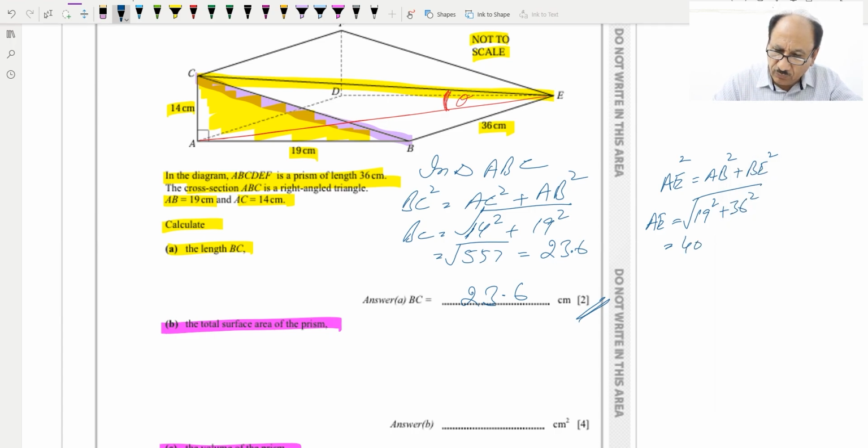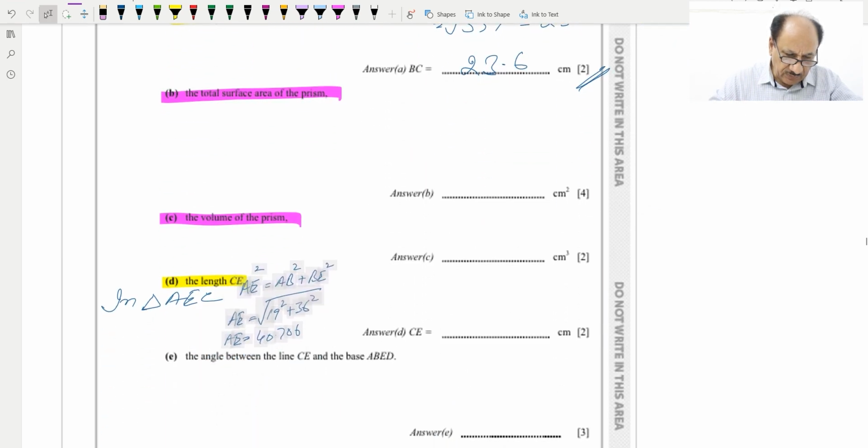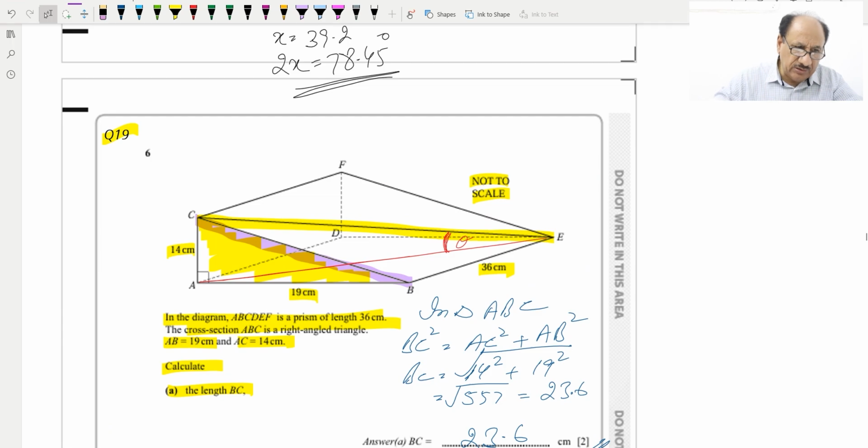So 40.706, this will be AE, and we can shift this to the proper place, over here. This one we found, which is AE, but we require CE.